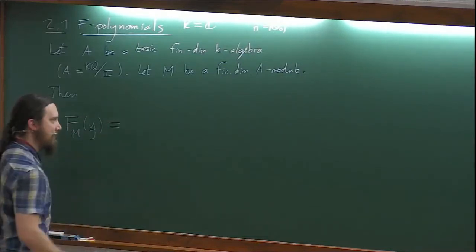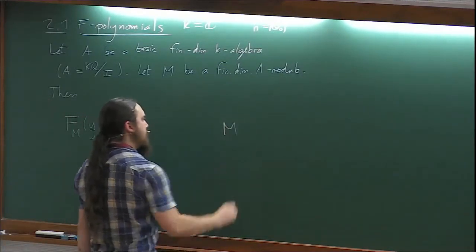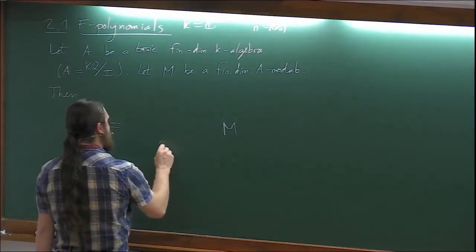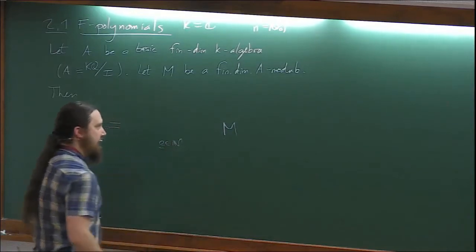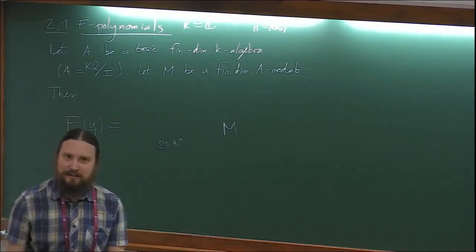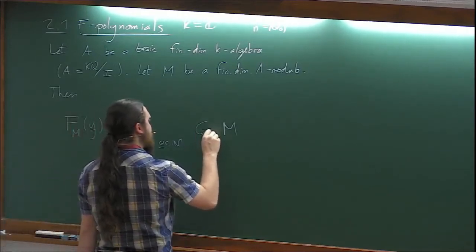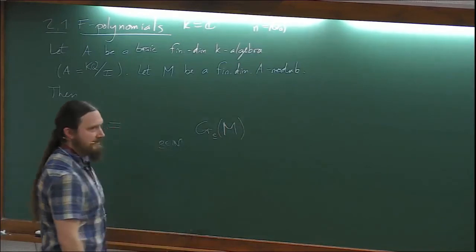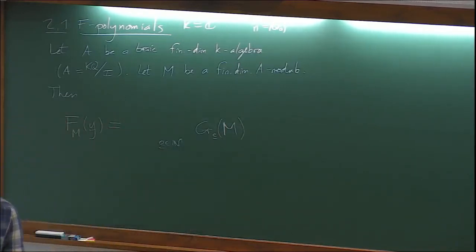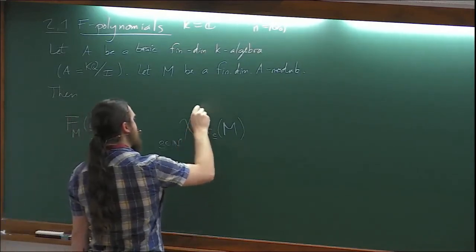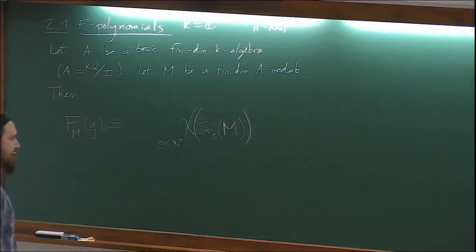And you define it in the following way. Recall that for M, you consider for every dimension vector E the Grassmannian of submodules of M with dimension vector E. This is a complex variety, and so you can define its Euler characteristic. You take it, and you take a generating series, well, a generating polynomial in this case, for this.